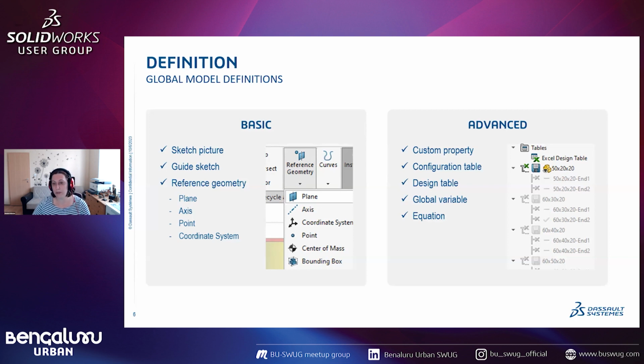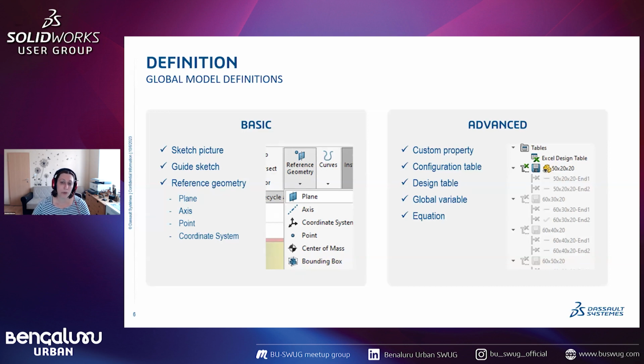Advanced model definition: these are custom properties, configuration table, design table, global variable, and equation. It is better to stay away from the advanced ones if you are making simpler models, but they are a must if you're making a complex model with a lot of features.